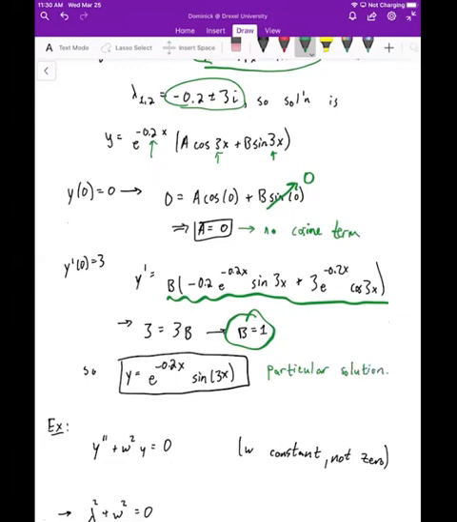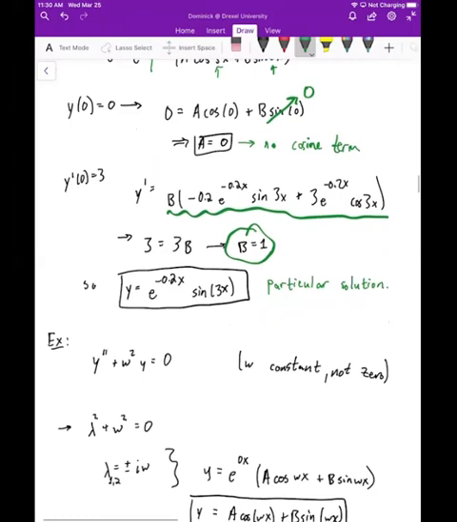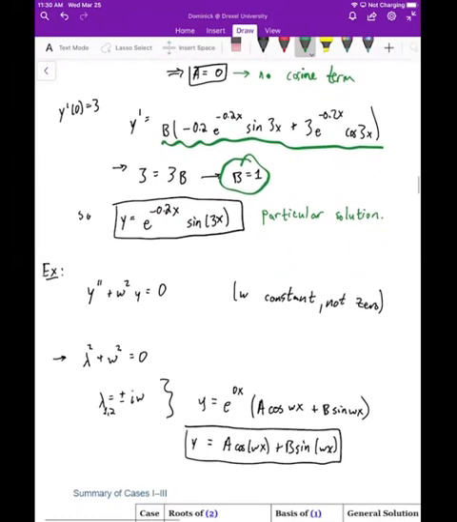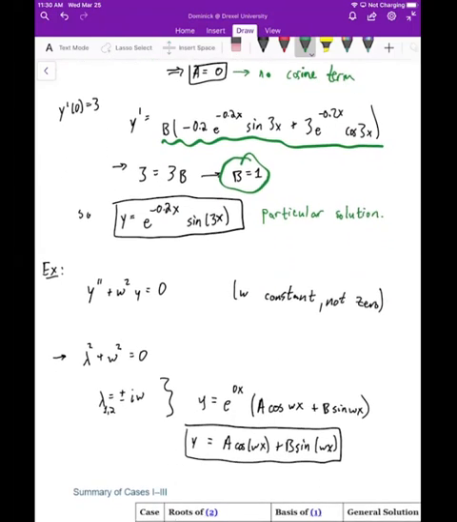Okay, one more example. And then we'll summarize this, and then we'll conclude this video. So the one more example, and this is actually a pretty quick one, is that if we have y double prime plus omega squared times y is equal to 0, then your characteristic equation looks like this.